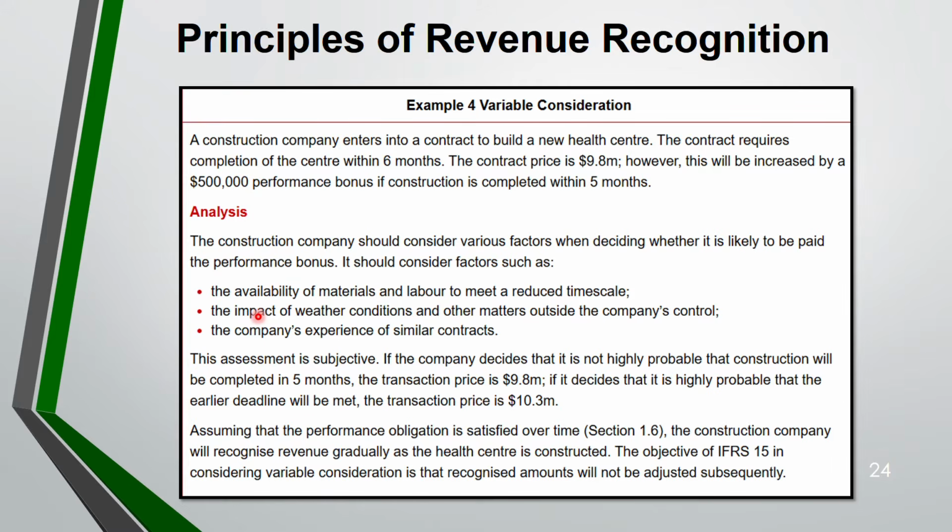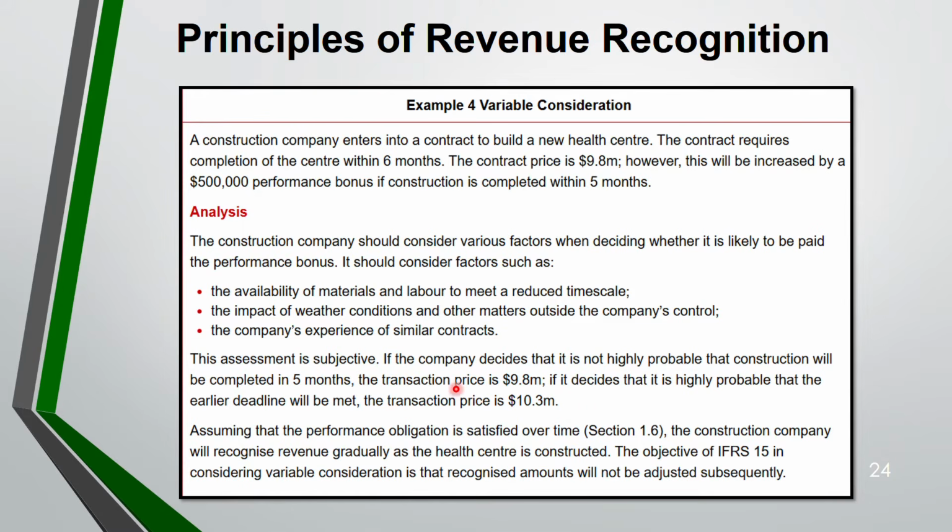Also, because it's construction, you have to check the weather condition, very important. It will have an impact on the construction industry. And also other factors outside the company's control. The next, the company's experience of a similar contract. In the past, were they able to finish in less time? So it will depend on these 3 factors. But this assessment is subjective.